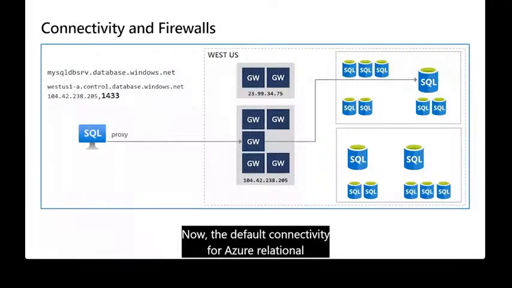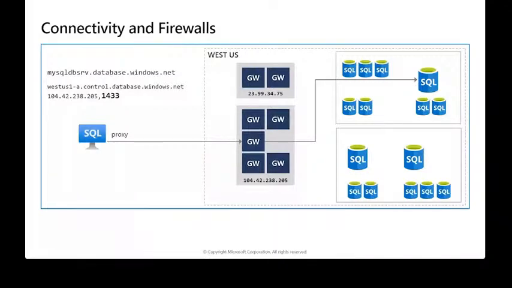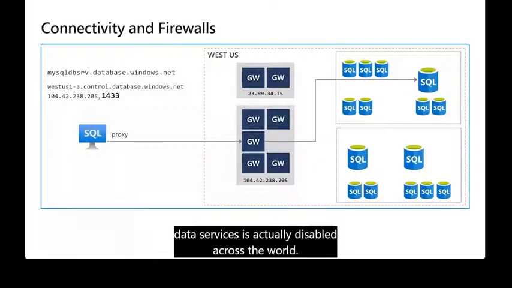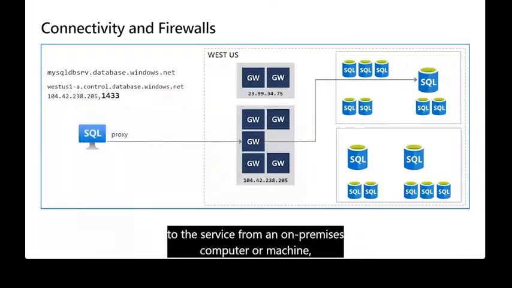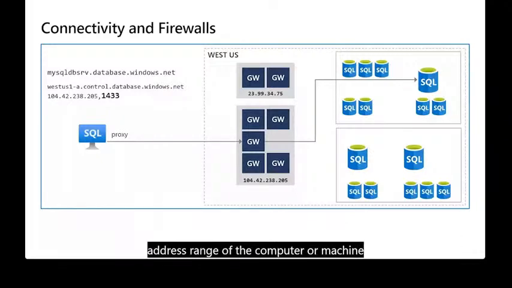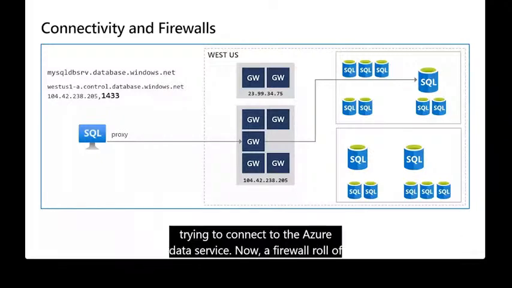Now, the default connectivity for Azure Relational Data Services is actually disabled across the world. So if you need to connect to the service from an on-premises computer or machine, in the firewall section, you need to actually add the IP address range of the computer or machine trying to connect to the Azure Data Service.